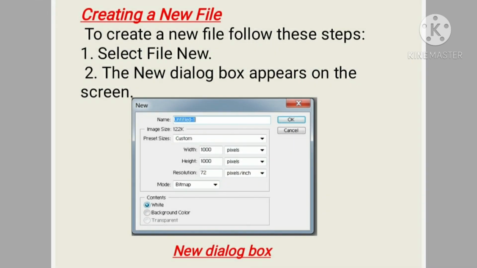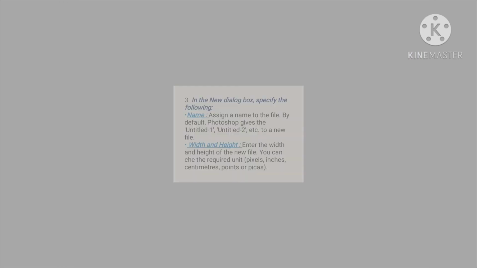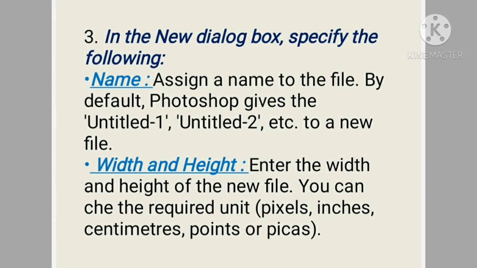Now let's see how to create a new file. To create a new file, what we have to do? First, select the file New. Second, the new dialog box appears on the screen. In the image, you can see new dialog box has appeared. In the new dialog box, first we have to give the name. We have to assign a name to the file.